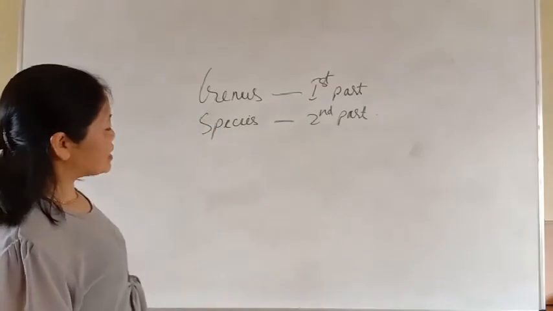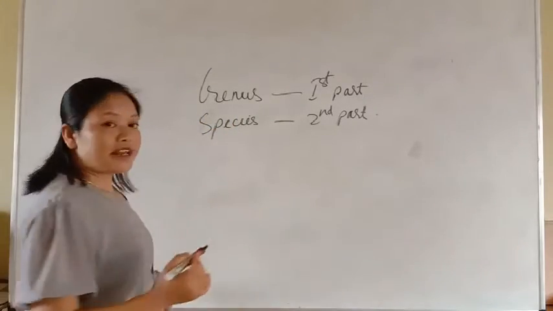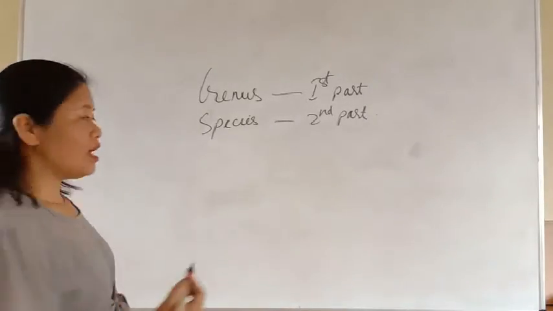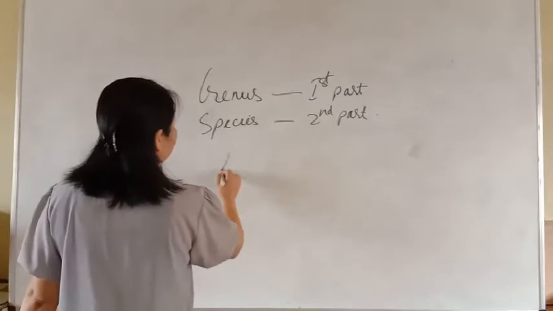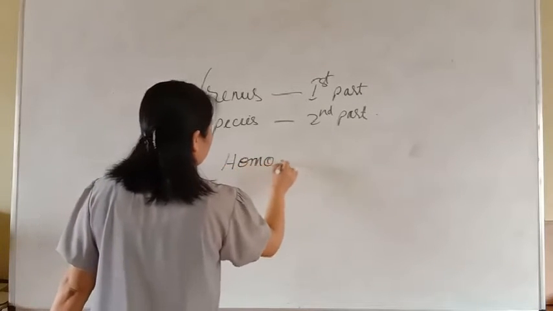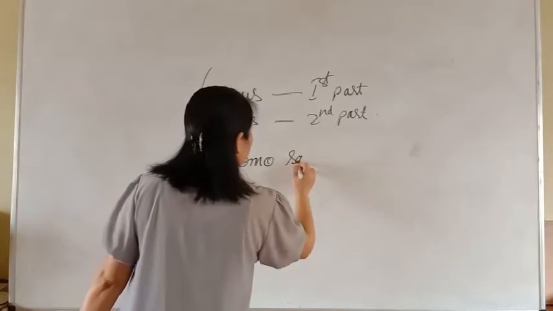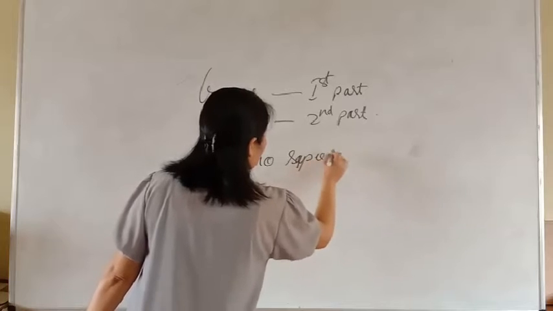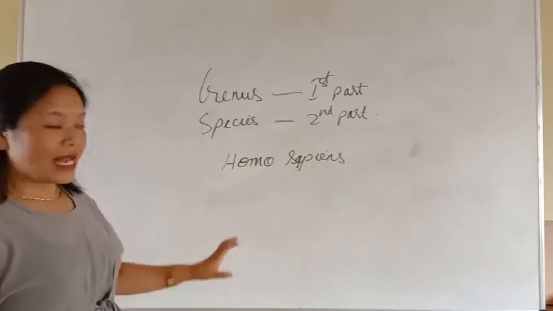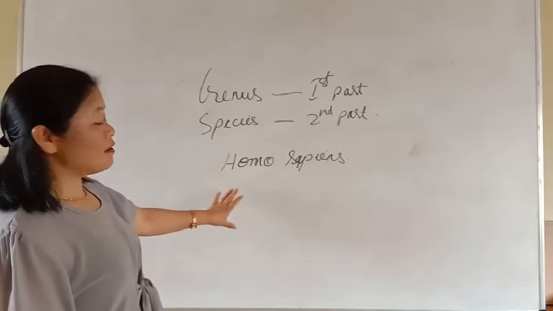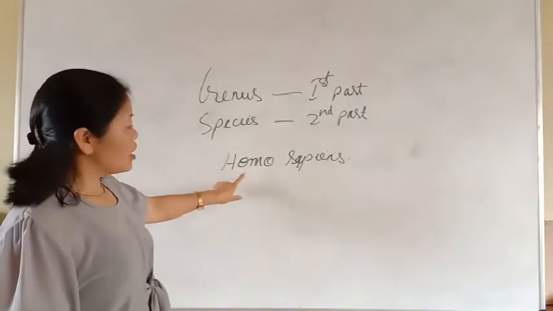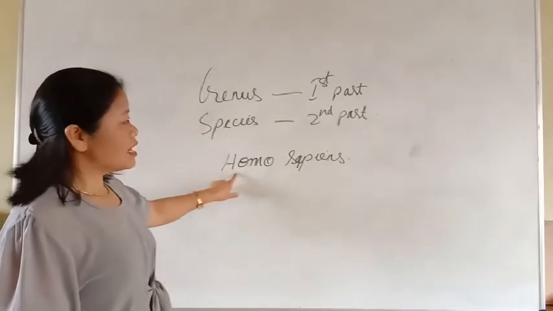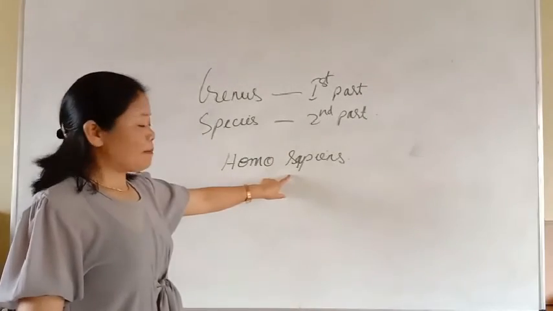For example, the scientific name of man, you all know, is Homo sapiens. So here, the scientific name has two parts. The first part is genus, Homo, and the second part is species, sapiens.